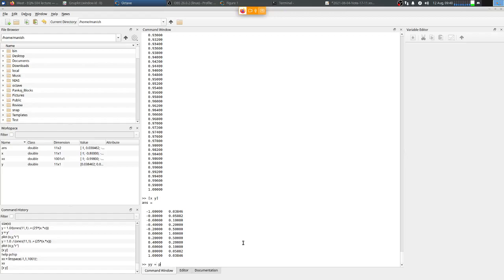There is a function in Octave which generates this piecewise cubic Hermite interpolation polynomial. We discussed the theory yesterday. How do we generate that? It's going to be a cubic function because there are a total of four constraints at two points.